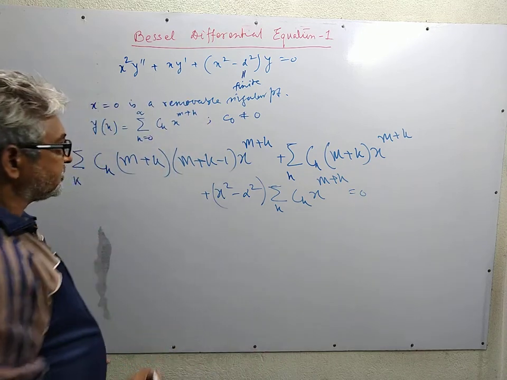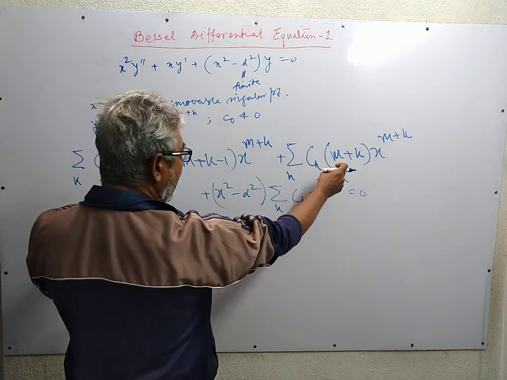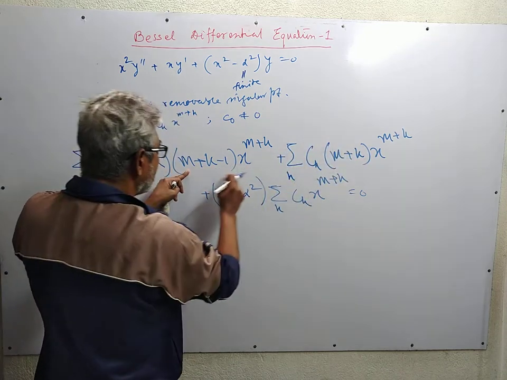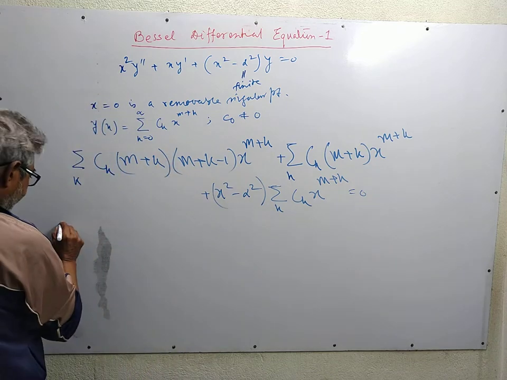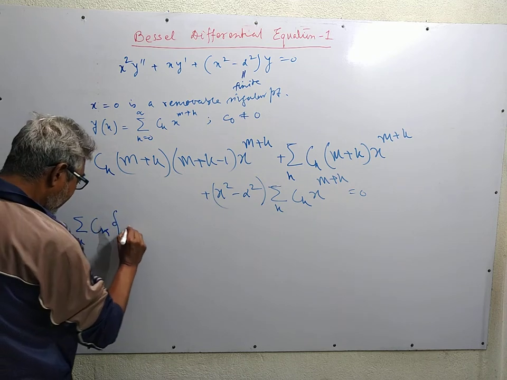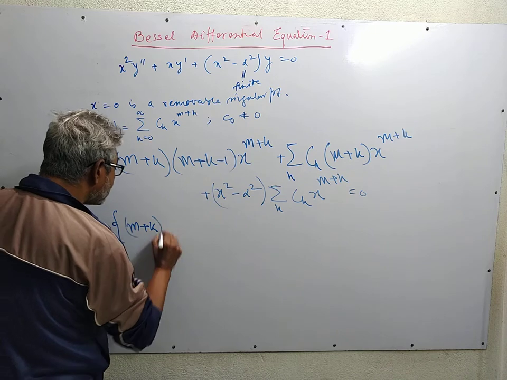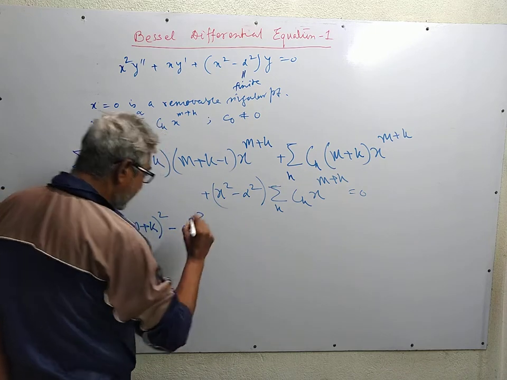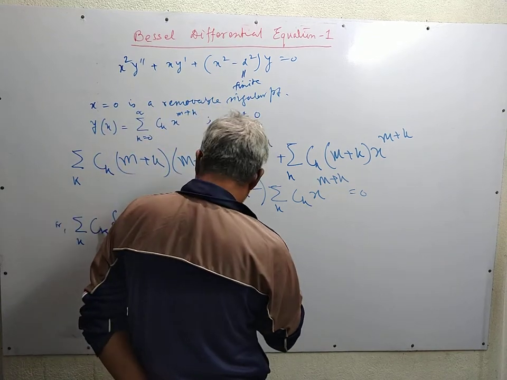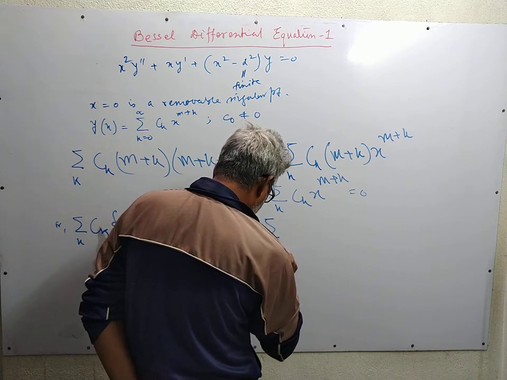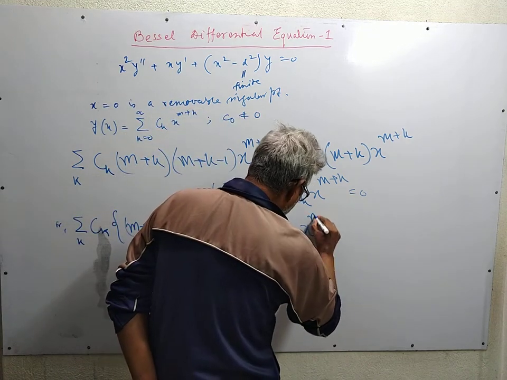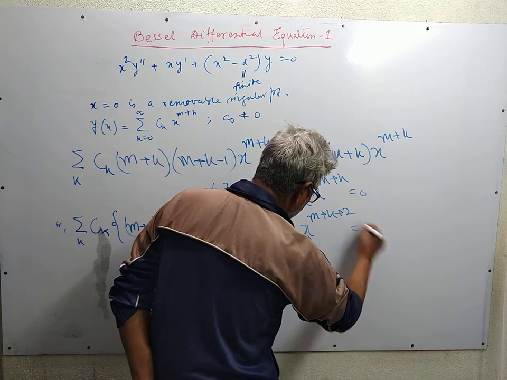If we add these two terms and take m plus k common, then it is m plus k minus 1 plus 1, so it altogether becomes summation over k of c_k ((m plus k) squared minus alpha squared) x to the power m plus k, plus summation over k of c_k x to the power m plus k plus 2 is equal to 0.